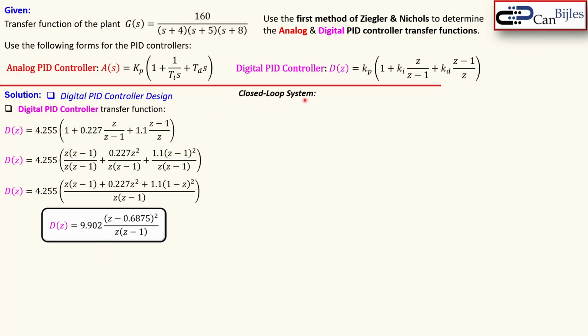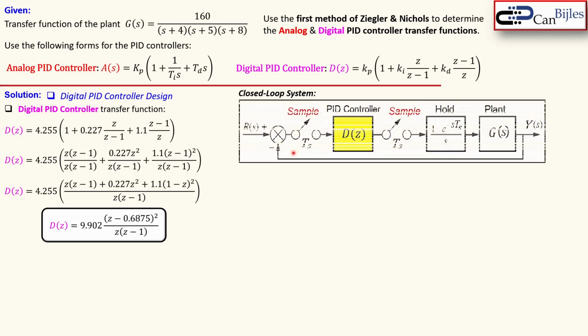Okay, now the closed loop system, how it works. We have discussed this in great detail in a separate video about the digital controller designs, where you see the z domain expressions and also the closed loop systems. Here also we will do that a little bit briefly. So we have this diagram we will use. You see here the R(s) in the Laplace domain, then we have the summation part here.